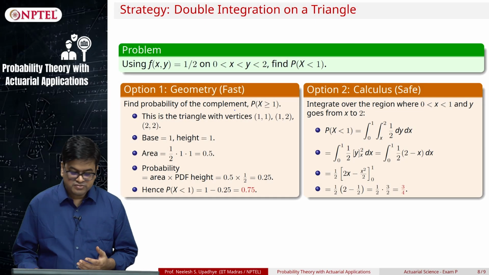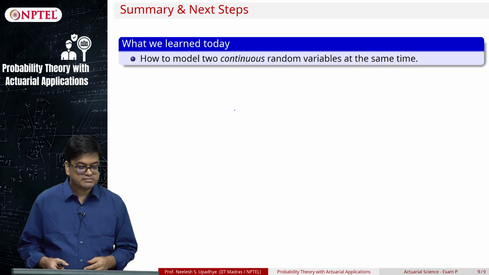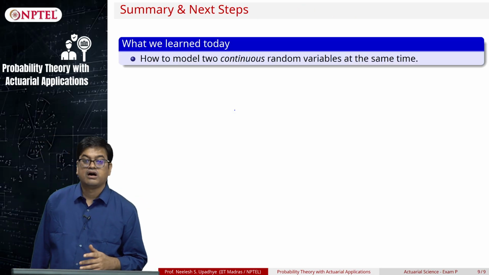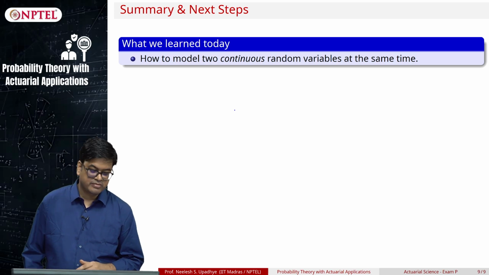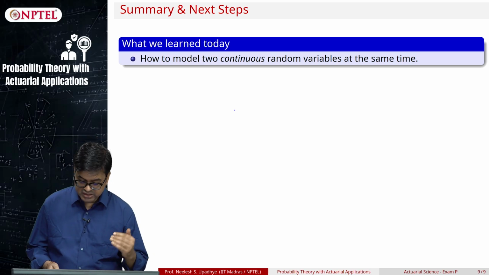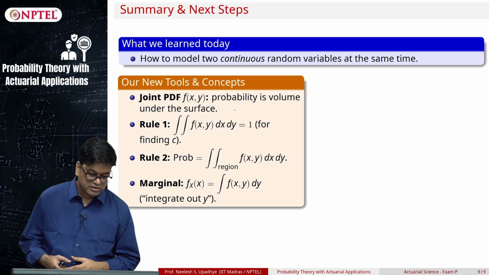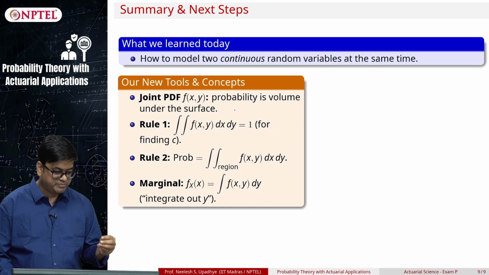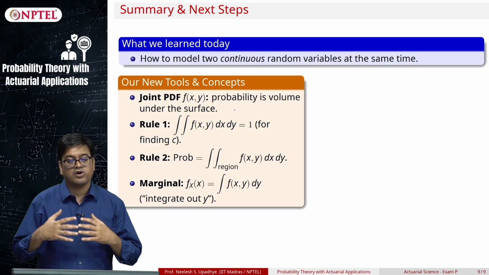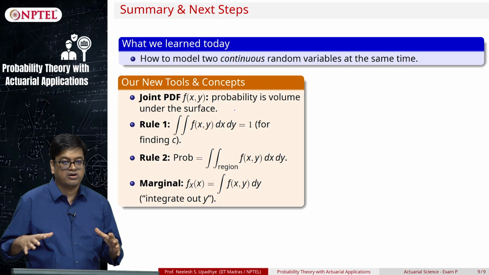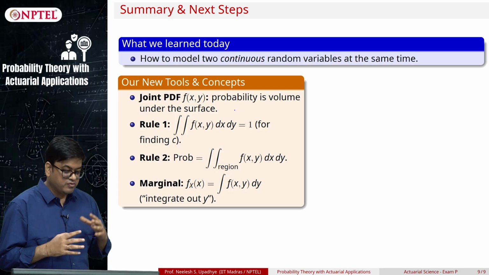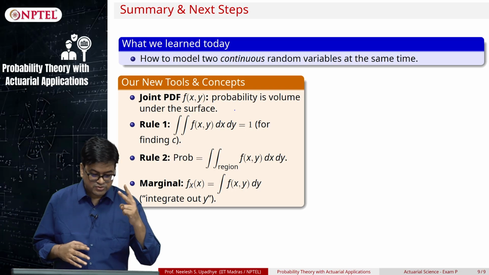So, let us summarize what we have learned in today's class. We have learnt how to model two continuous random variables at the same time. In this course, we mastered these tools where we are looking at the joint PDF. A probability is the volume under the surface; the joint PDF is the surface in a 3D plane. We also saw the two rules.